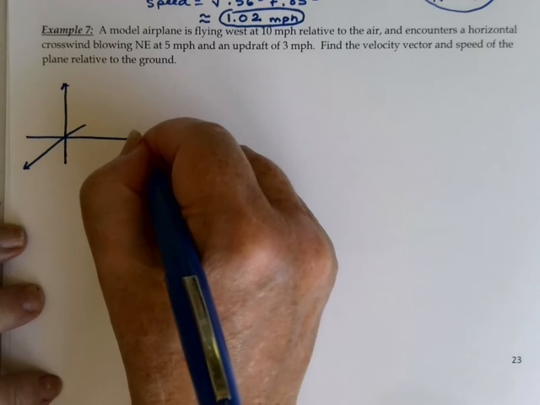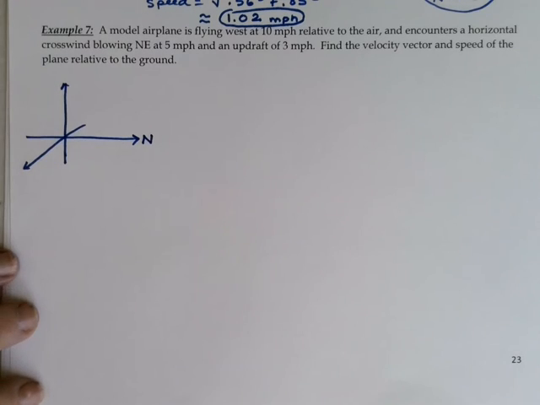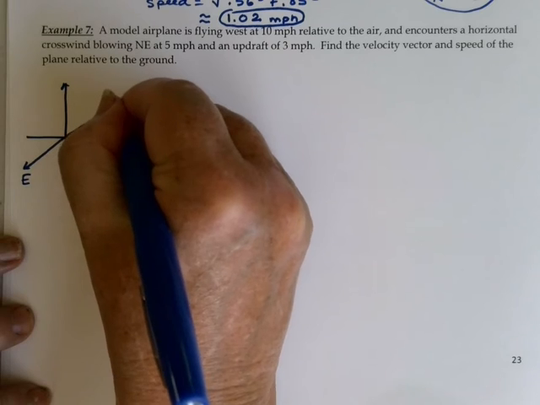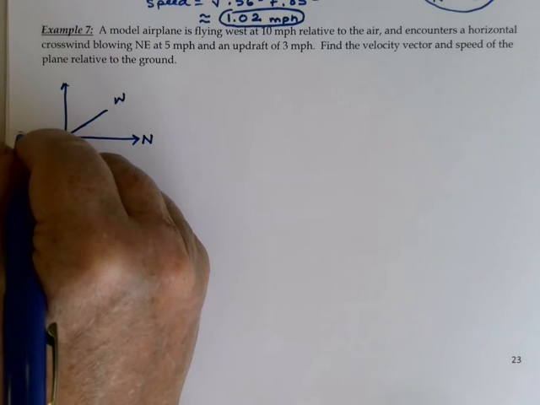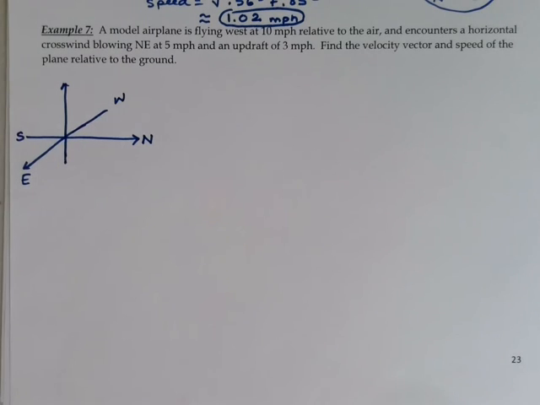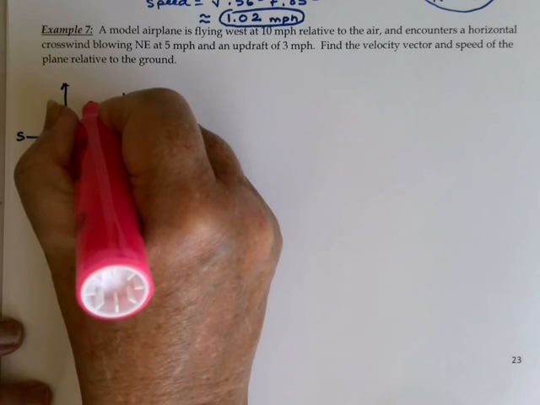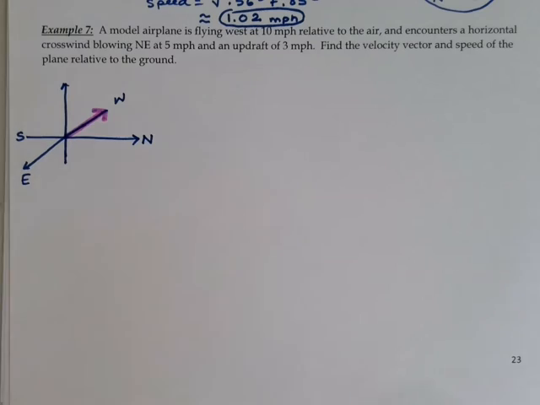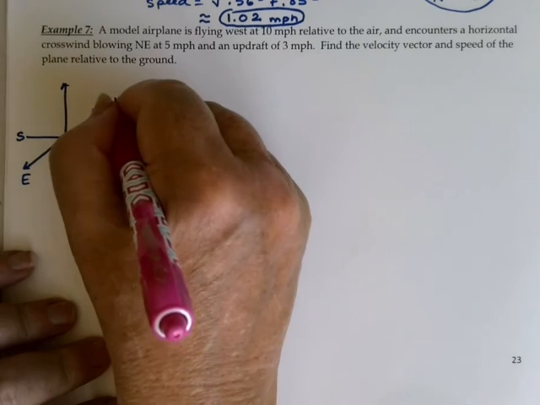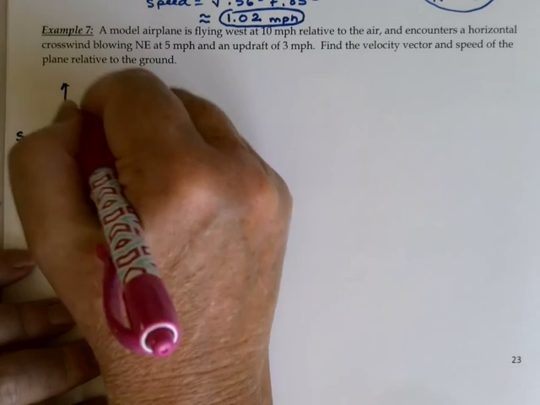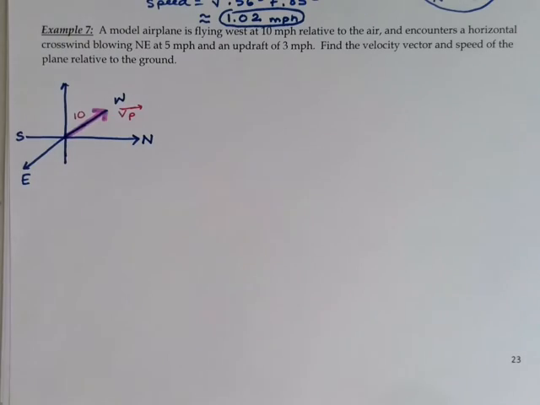Keep in mind the y-axis, positive y-axis is still north. Positive x is still east, so west is actually back here on the negative. South would be over here. And the airplane is actually flying west at 10 miles per hour. So there would be my VP for the velocity of the plane, with a magnitude of 10.